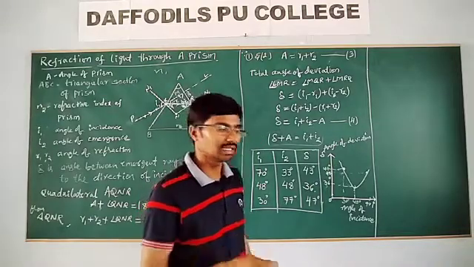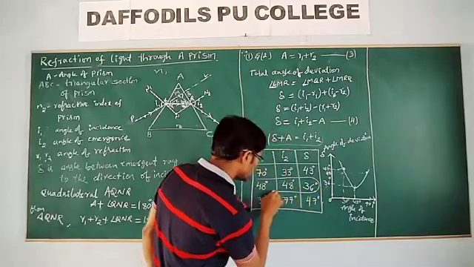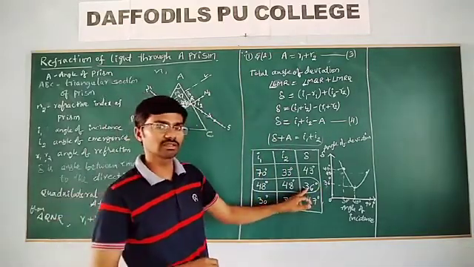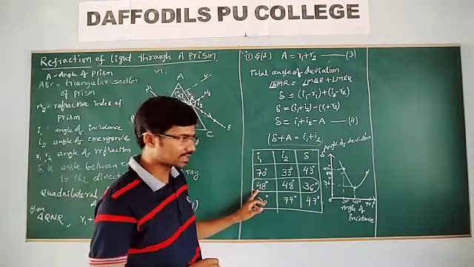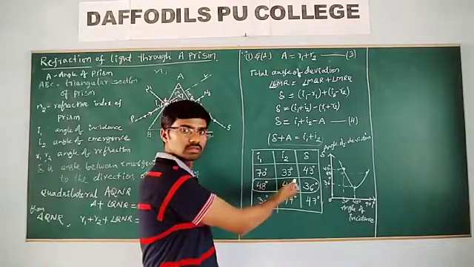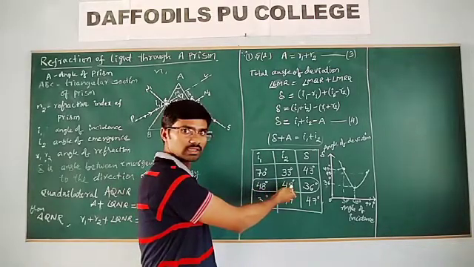Observe clearly that at minimum deviation, the angle of incidence and the angle of emergence are absolutely equal. Here 48 degrees, and here also 48 degrees.